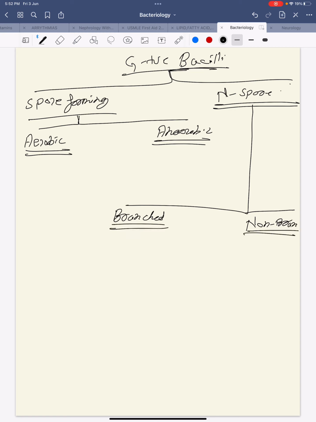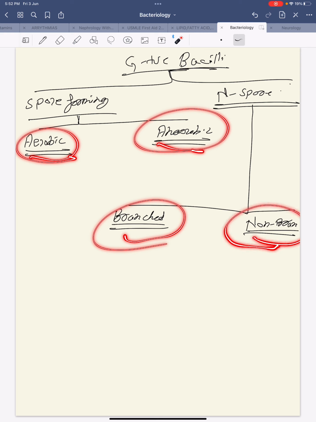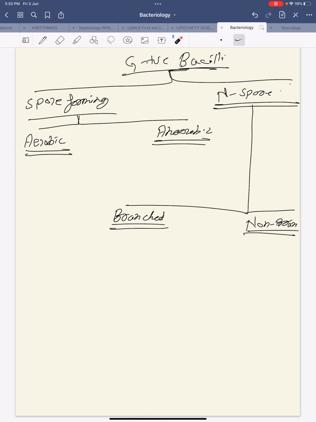Now it is tricky to remember what lands here and what lands here. Which bacteria are involved in non-spore, non-branch? There is one mnemonic I remember. When we boys talk, we say don't do BC too much, don't talk too much. We say aaj BC mat kar.